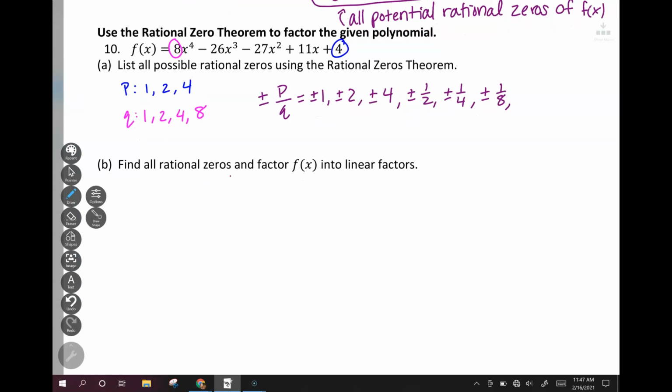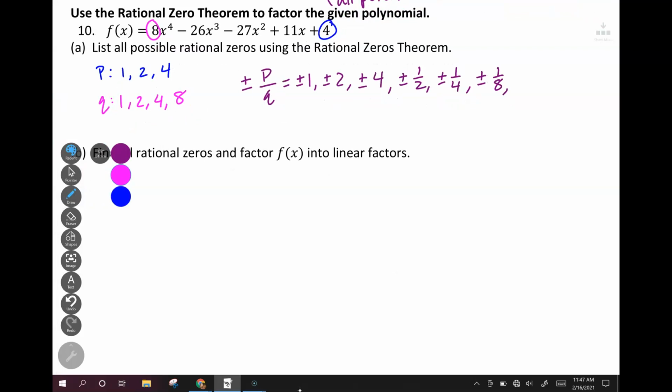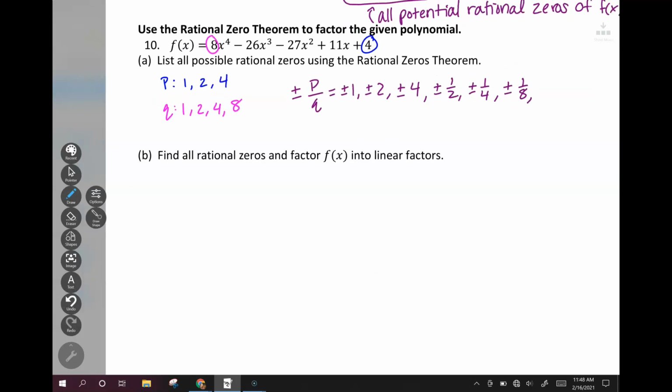Now, find all rational zeros and factor f of x into linear factors. So the way you want to do this is by starting with your list of potential zeros and performing synthetic division, just kind of going down the list. You can guess which one you think might actually work, or you can just start at the beginning of your list, like I'm going to do here.